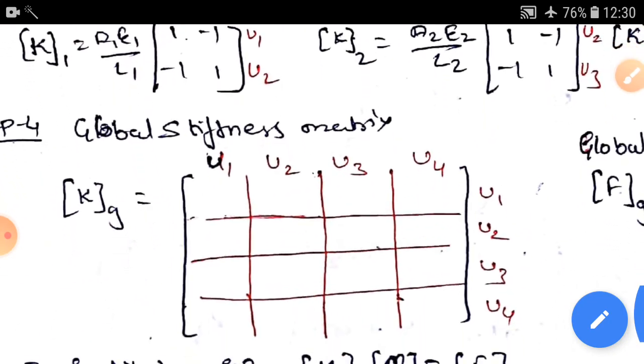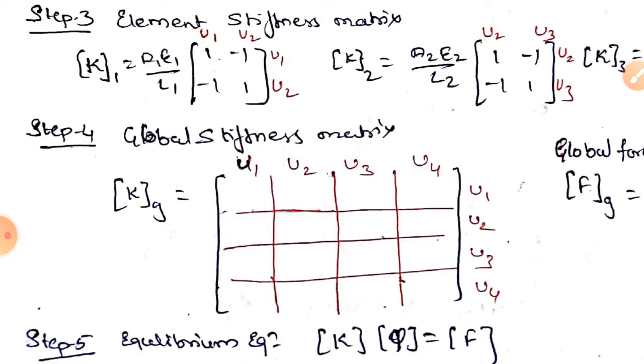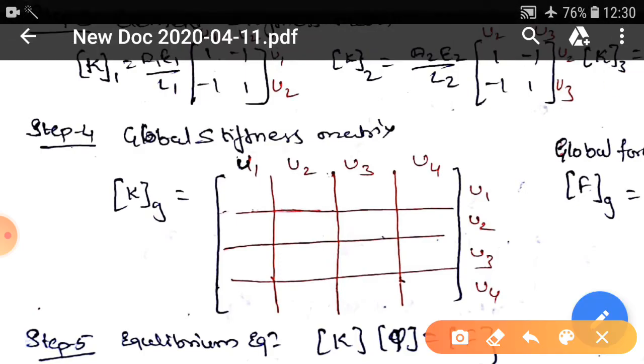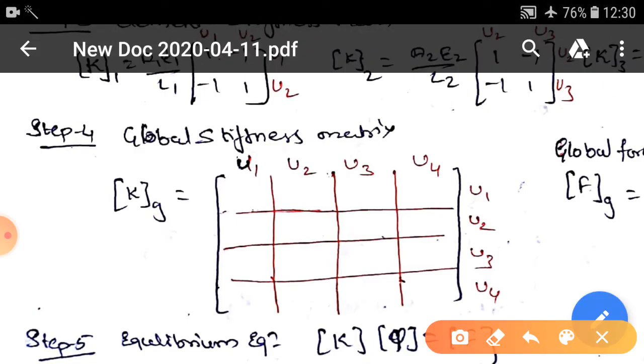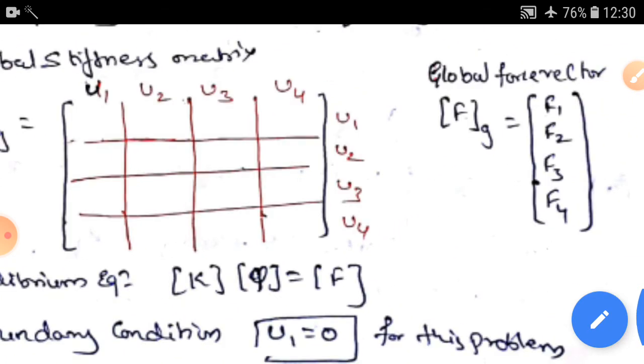Now after that you need to substitute all those values and calculate the global stiffness matrix. Calculating global stiffness matrix, you need to write all the global displacements u1 u2 u3 u4, and u1 u2 u3 u4. In this problem we will be having a 4 by 4 matrix, because there are 4 displacements, so the size of the global stiffness matrix will be 4 by 4.